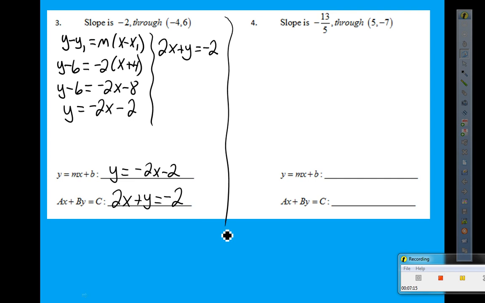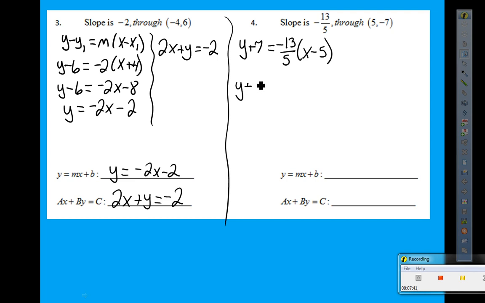Here's our number 4. The slope is negative 13/5. We're going to go through the point 5, negative 7. So I'm going to go y minus negative 7, which becomes a plus 7, equals negative 13/5 times x minus 5. Now we're going to simplify it.